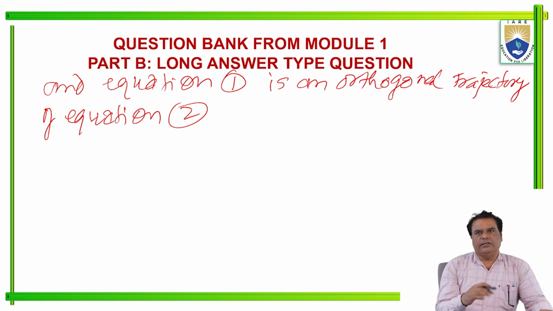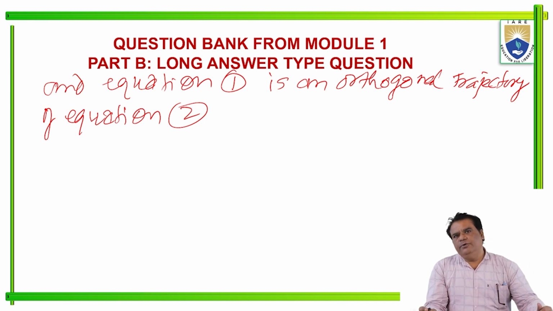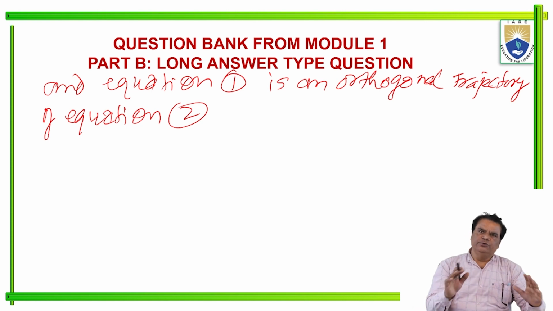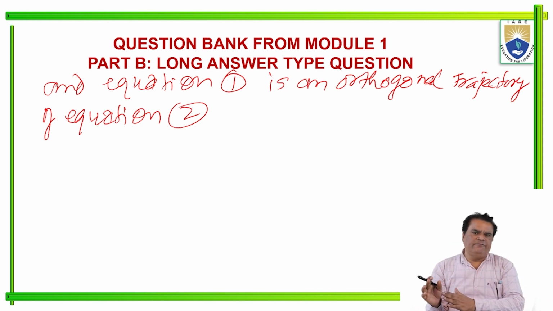Equation 1 is the orthogonal trajectory of equation 2 and equation 2 is the orthogonal trajectory of equation 1. So here we have to prove that equation 1 is the orthogonal trajectory of 2. This is the first part.